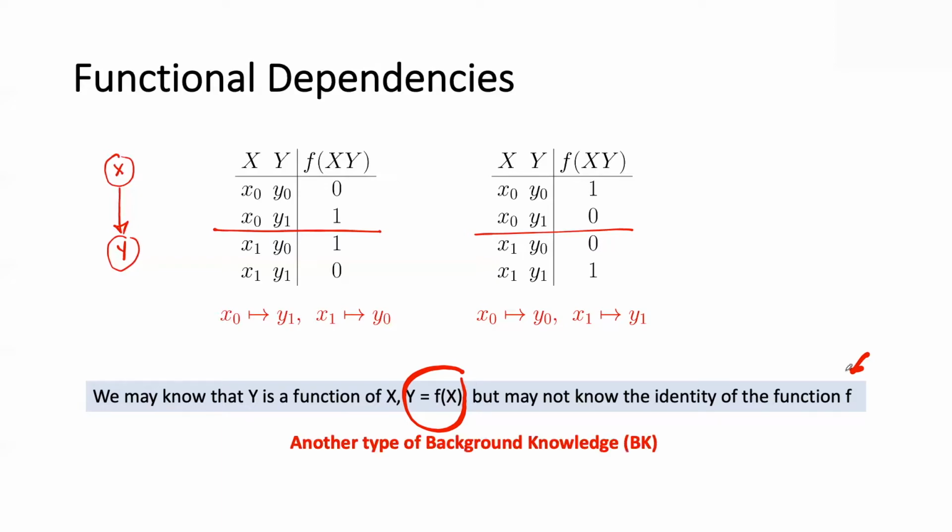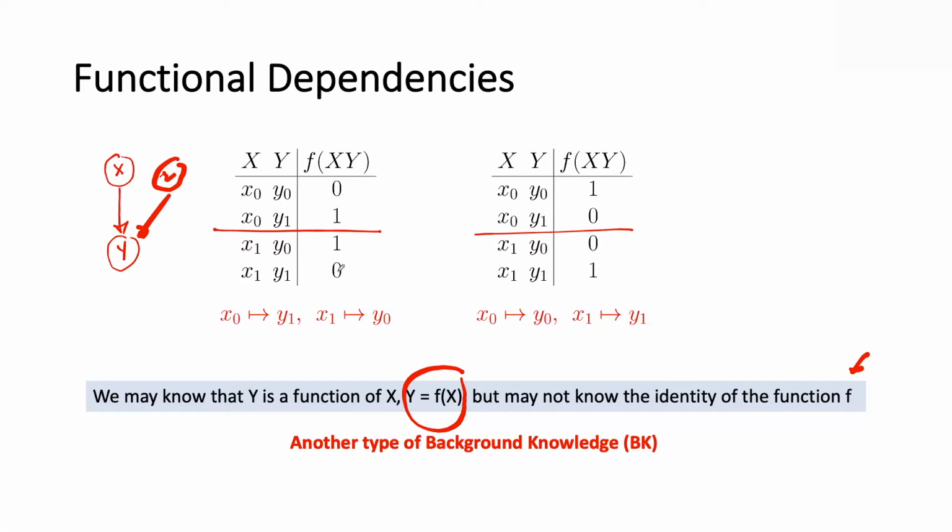Now, remember, we have two types of background knowledge when we talk about functional dependency. I'll tell you y is a function of x, and of course you could in general have more parents there, so you may have z. So y is a function of x and z, and I give you that function by specifying the 0, 1 parameters. And another level of knowledge, which is weaker, where I tell you y is a function of its parents, but I don't know what that function is.